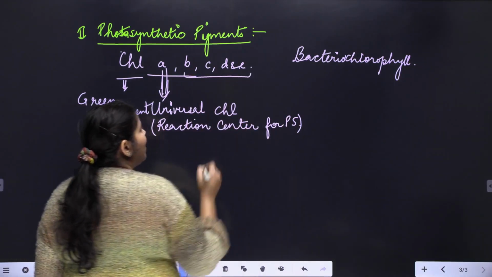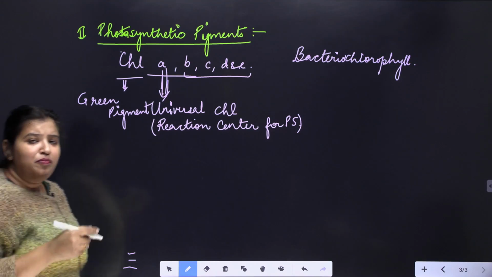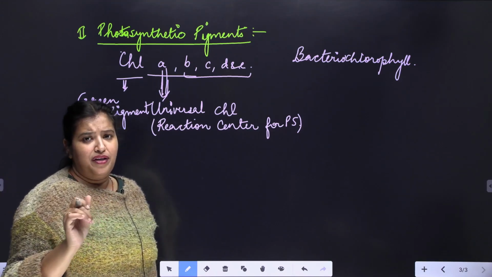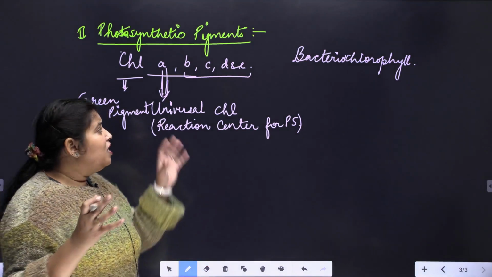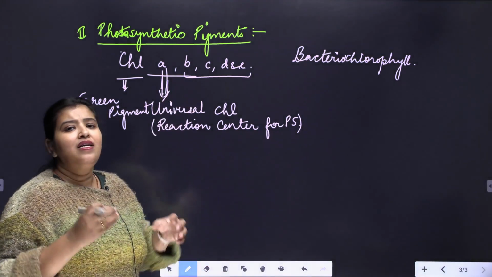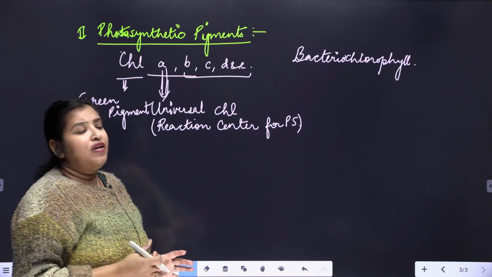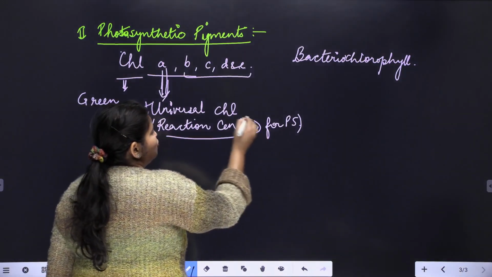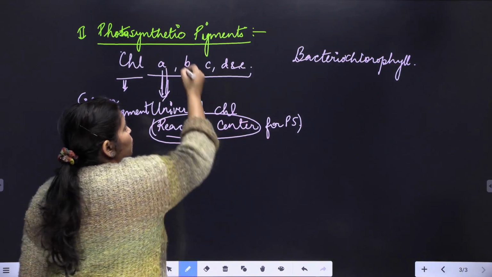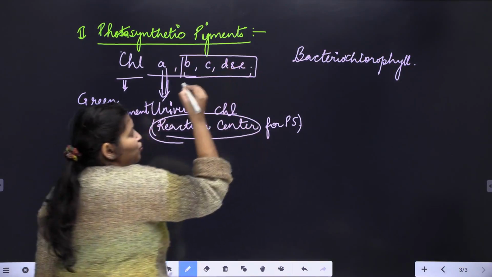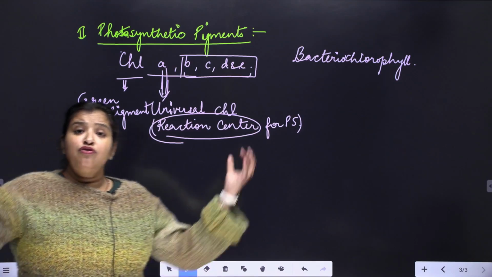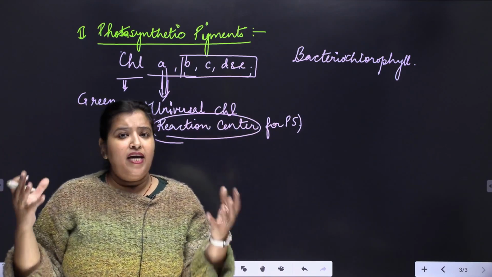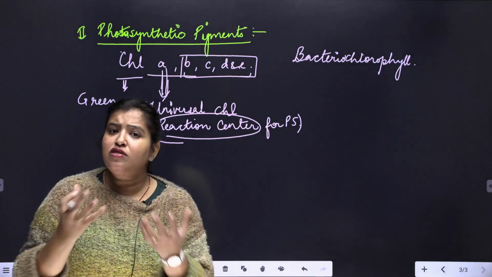Now, what is the function of the others then? Why are the others required? Are they not present? No, they're present, in comparatively lesser quantities. Their role is that they capture the sunlight and transfer it to chlorophyll A because it has the reaction center. They are all going to trap the sunlight, because chlorophyll A alone cannot trap it and start the process.